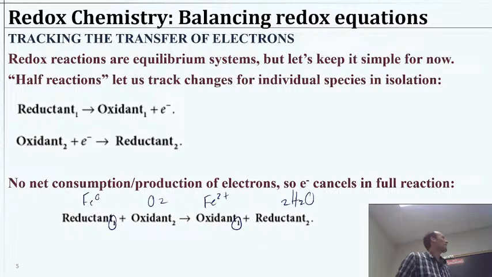So good. All right. So this is the goal, and we're going to track this. We also need to add electrons if we're going to split them in half like this. When charges change, we need to add electrons in order to satisfy the charge balance. So we're going to keep charge balance, and in the net, we will have electrons cancel on the right hand and the left hand.